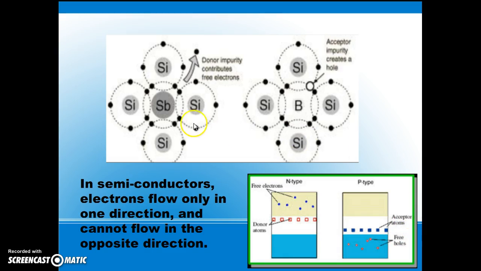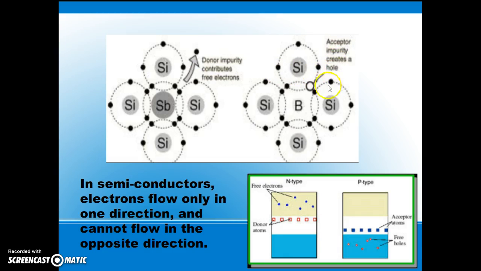As you can see here, we take silicon, and if we've got antimony in between the silicon atoms, there is one more electron in the outer shell of the antimony than there is in the silicon, and so electrons can flow more freely here.